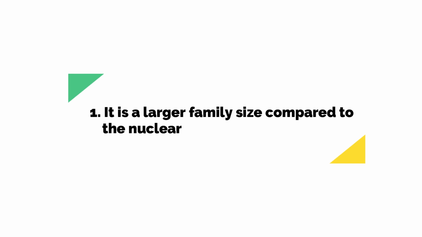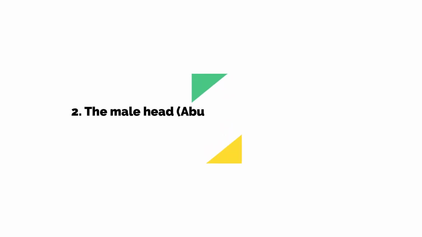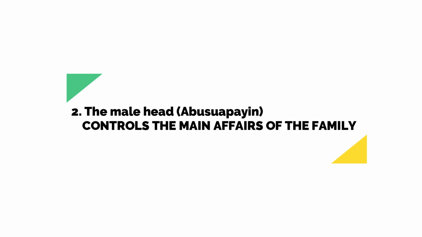First, like I said earlier, it is the larger family size that we have, comparing it with the nuclear family system. The male head, as I said in the Akan language, the Abusuapanin, is the head of the family and controls its affairs.